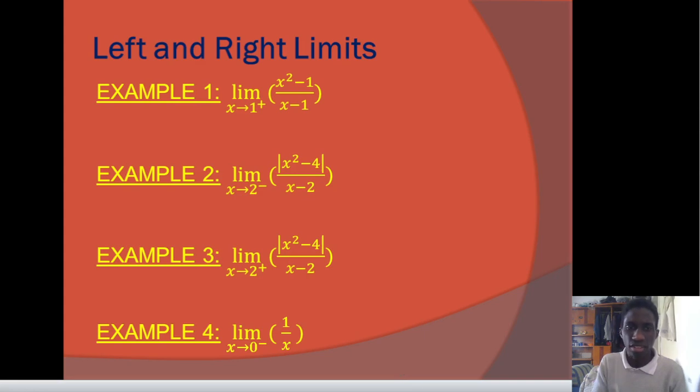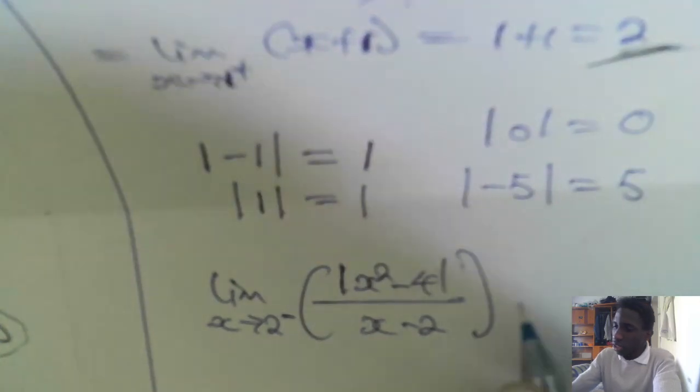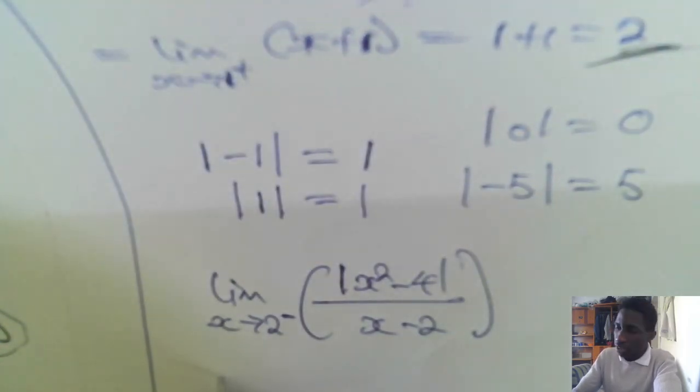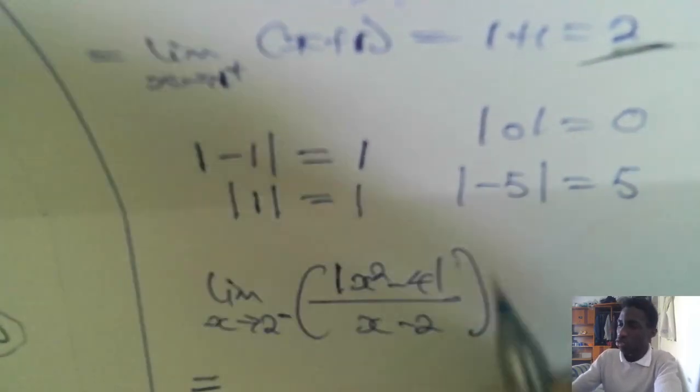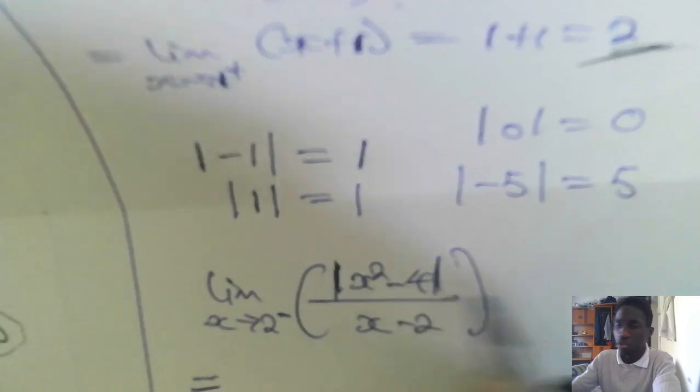So let's attack this. We have the limit as x approaches 2 from the left, absolute value of x squared minus 4 divided by x minus 2. Now we begin solving. The first step we're going to take here is to consider the absolute value.